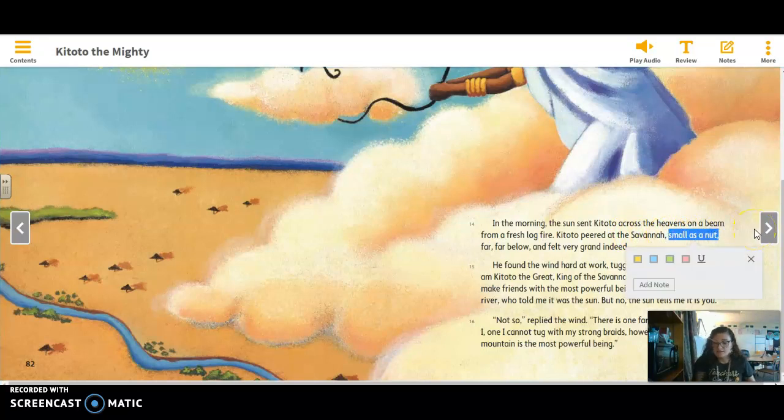That's another simile like we've been talking about. Why do you think the author chose to use that simile? What does it tell us in this story? It's telling us that Quitoto's view of the savannah, normally it would be very wide and expansive, but from where he is, way up high, it's as small as a nut. It's so small. It's teeny tiny. So, think about these things as you're working through the author's craft page in your work today.